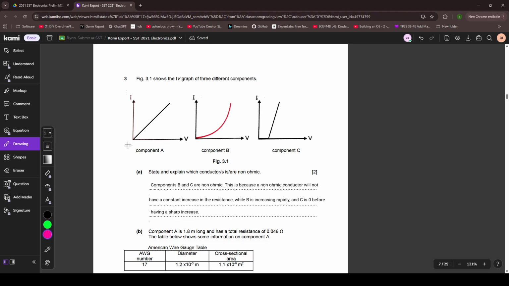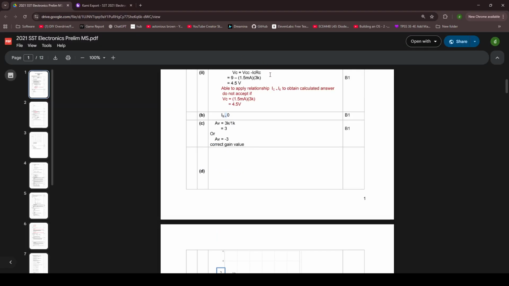Resistance is constant, because okay, this is a VI graph, right? Resistance is V over I. To get resistance here, can we take the gradient? No, we can't. We'll get IV. Why am I thinking so deep into this? Give me a second.